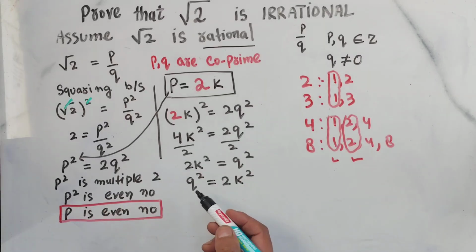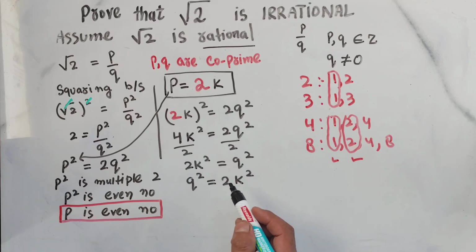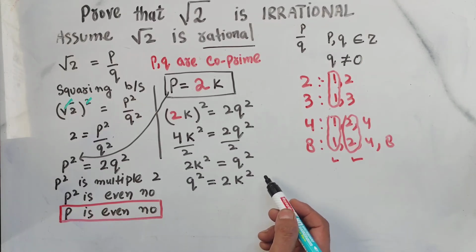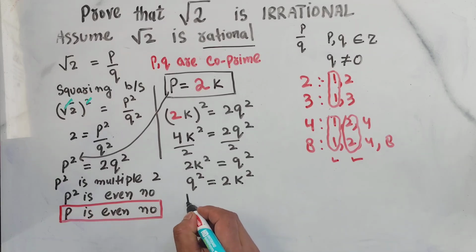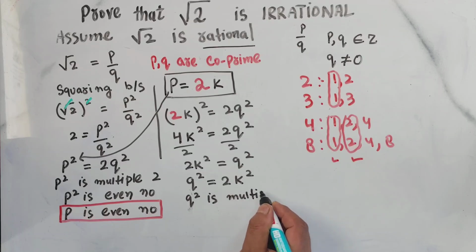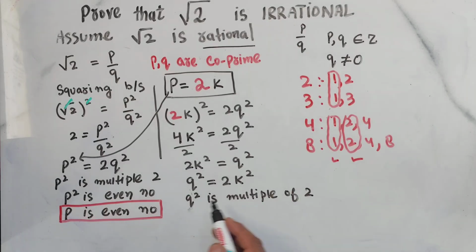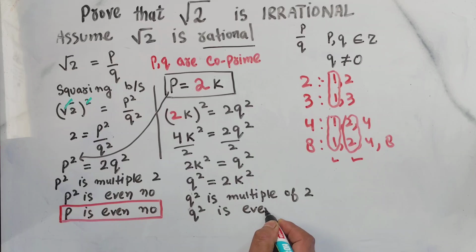So see here again, we say q square is a multiple of 2. If q square is a multiple of 2, that means q square is an even number.